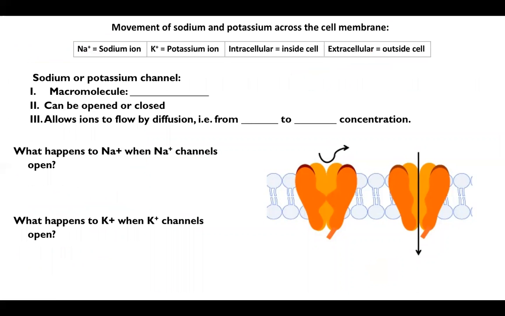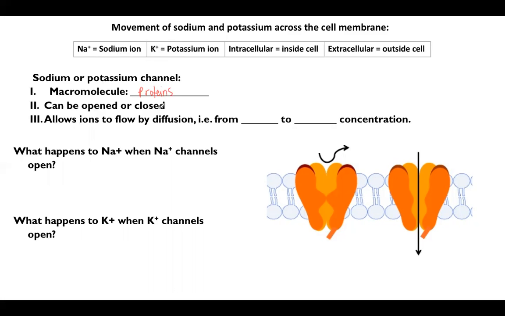This is an example of another channel. In this case, we are looking at the sodium-potassium channels. Just to take note here, sodium ion is Na plus and potassium is K plus. They're both positive. These channels are made up from proteins.